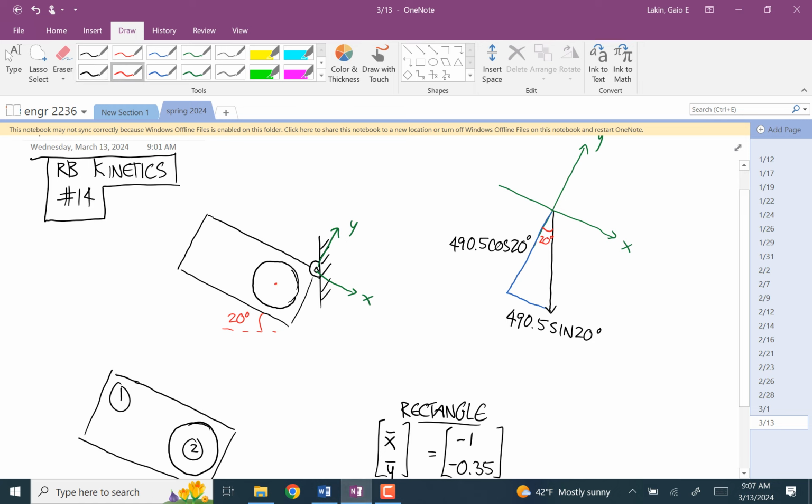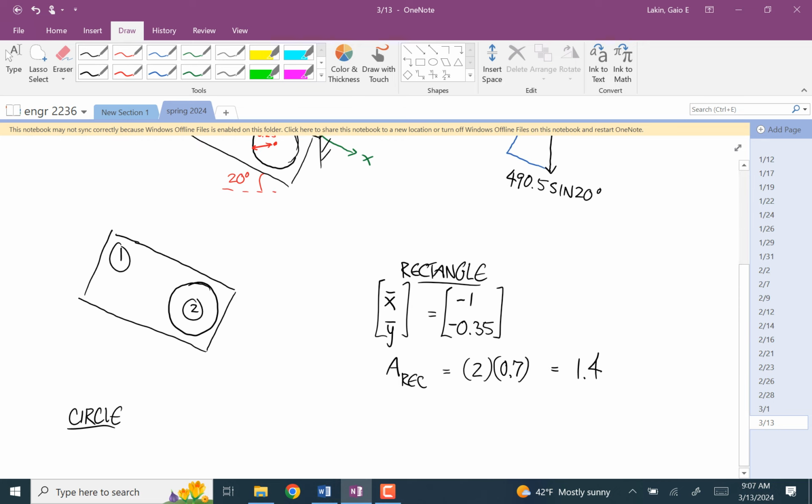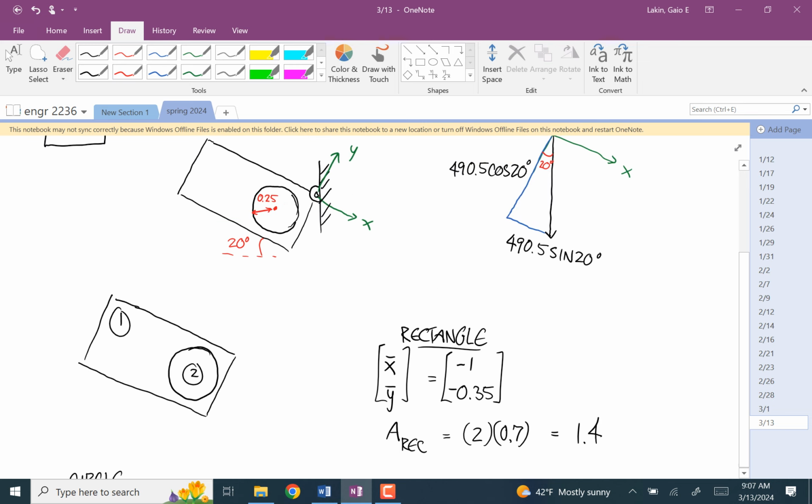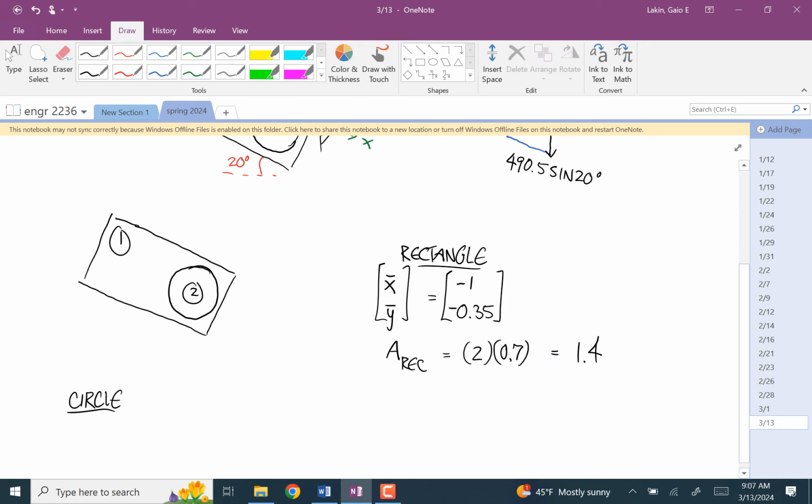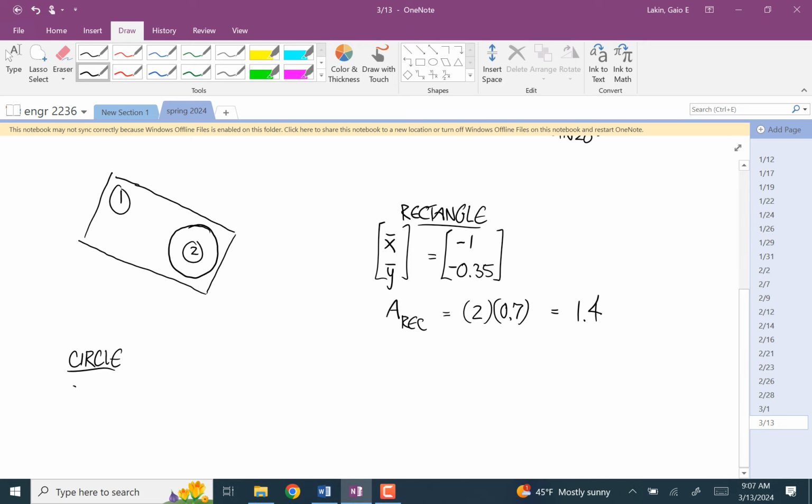Okay, so the radius is 0.25 meters. So in the x direction, go 0.1 to get to the edge, and then go another 0.25 to get to the centroid of the circle.